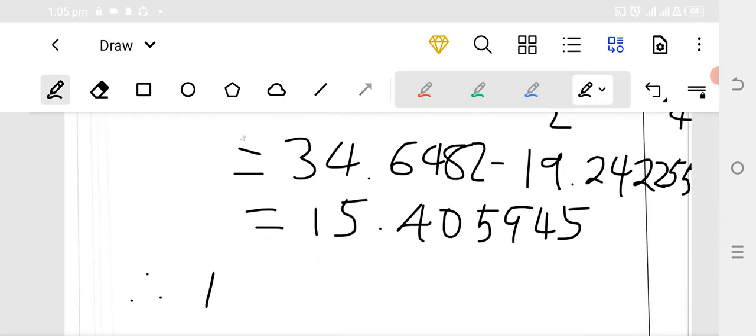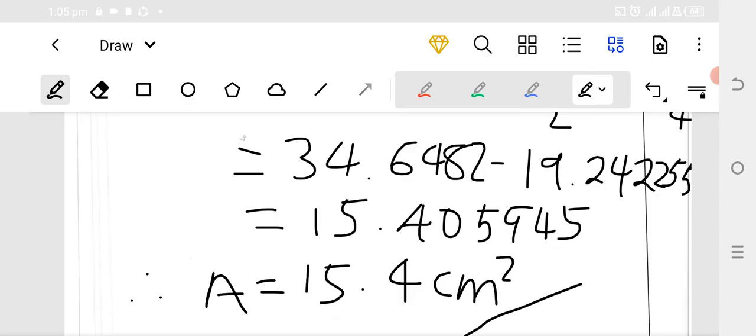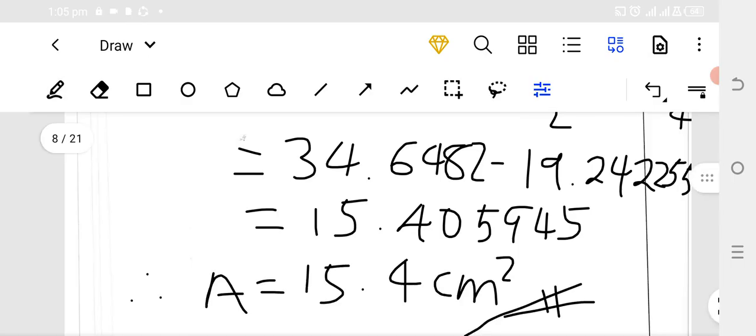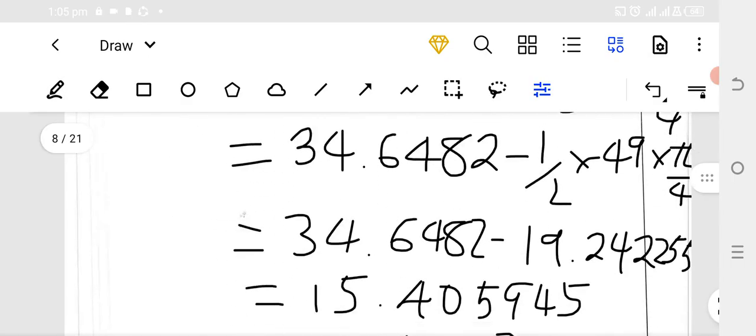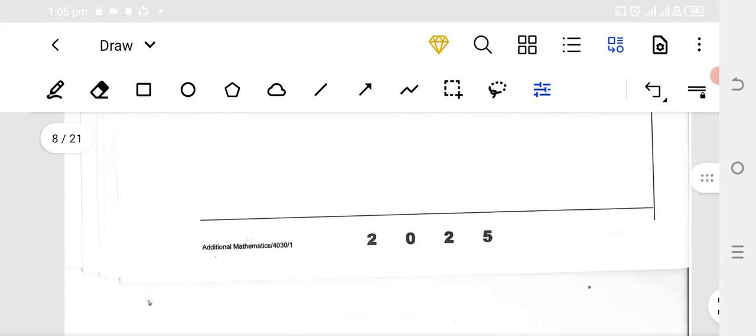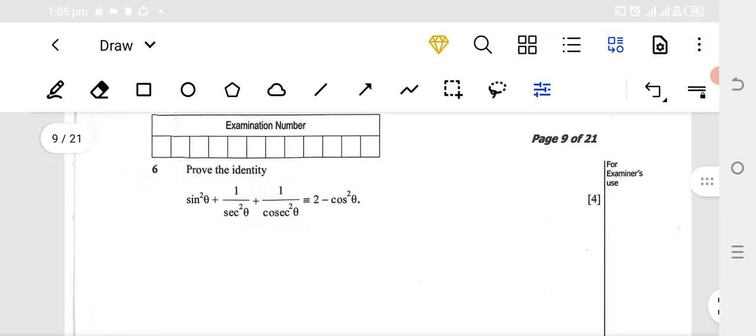So therefore the area is equal to 15.4 centimeters squared. So what am I trying to say? I'm trying to say that if you want to have an accurate answer, round off to 4 decimal places and make sure you know your polygons, because the 2025 additional mathematics internal was not something to mess with.